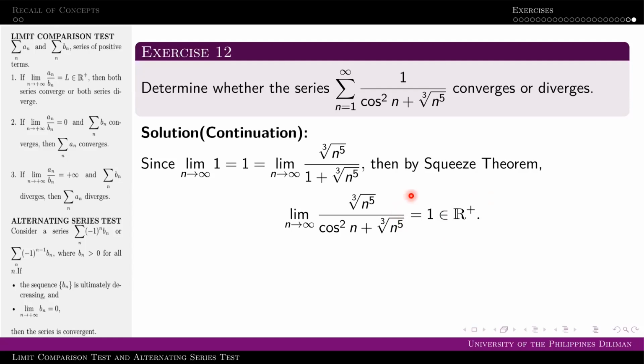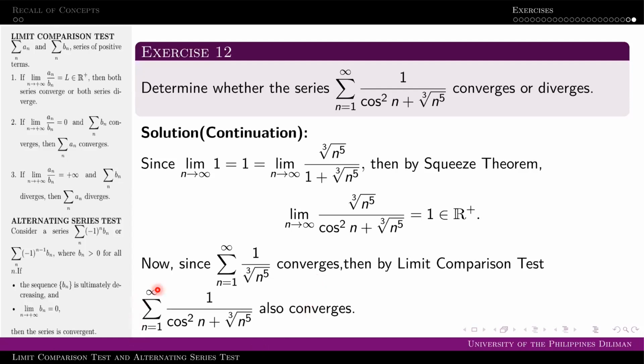So, since si 1 ay isang positive real number, and this time yung kino-compare nating series ay nagko-converge, no? We can conclude by limit comparison test na yung original series natin nagko-converge din. That is case 1 kasi ng limit comparison test. Okay?